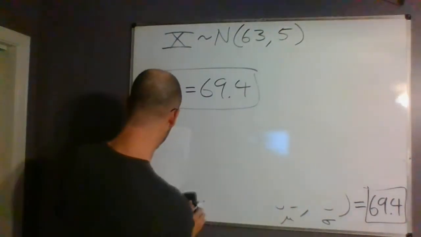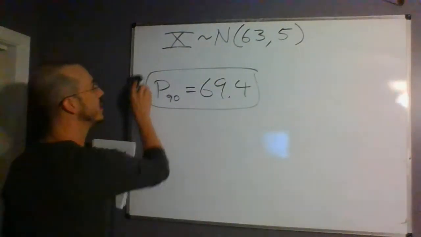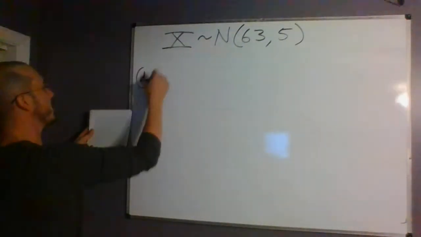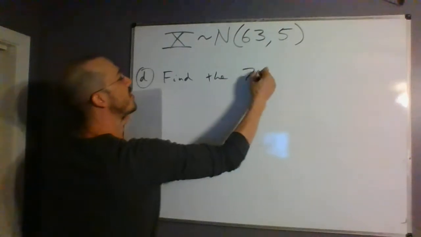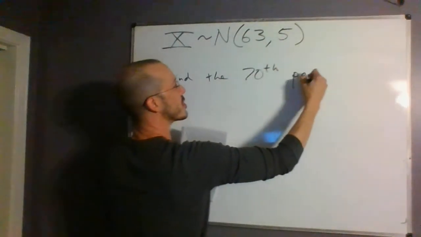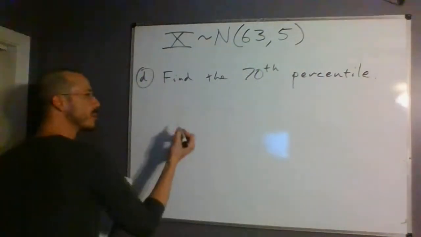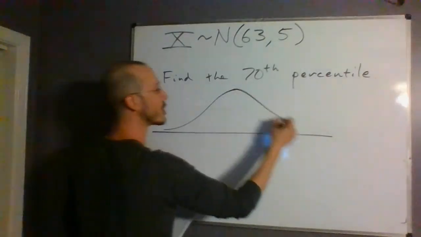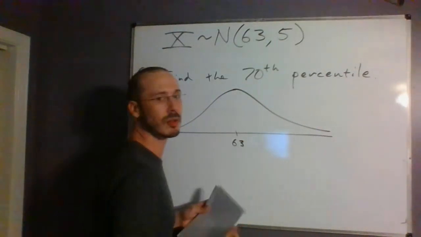I've got another one of these inverse normal examples. For part D, find the 70th percentile. So I'm going to go through pretty much the same steps, drawing my normal curve. I know 63 is in the middle.